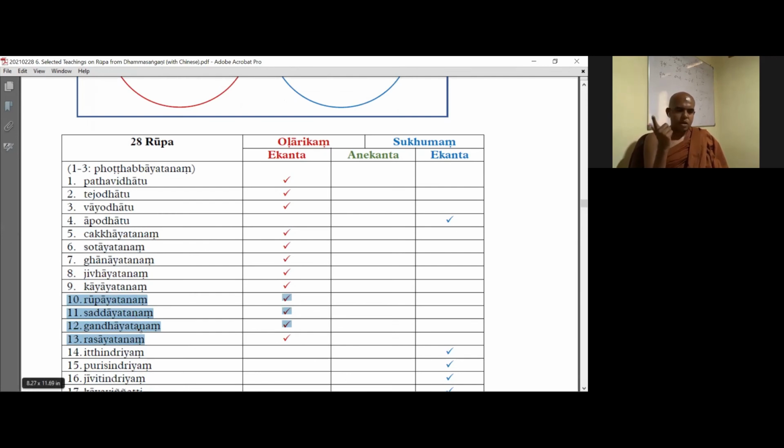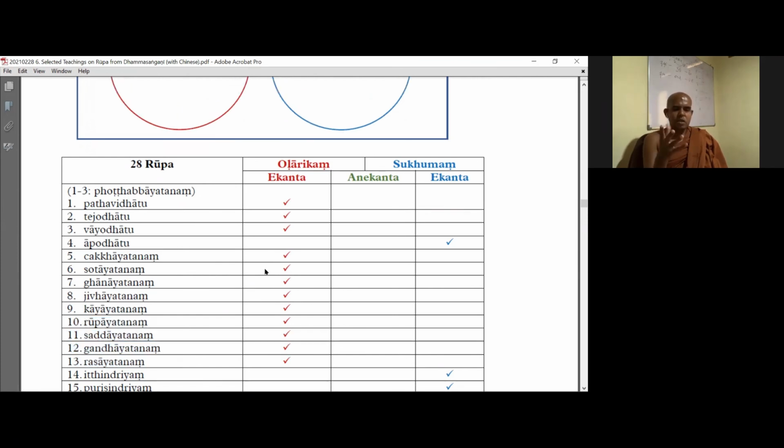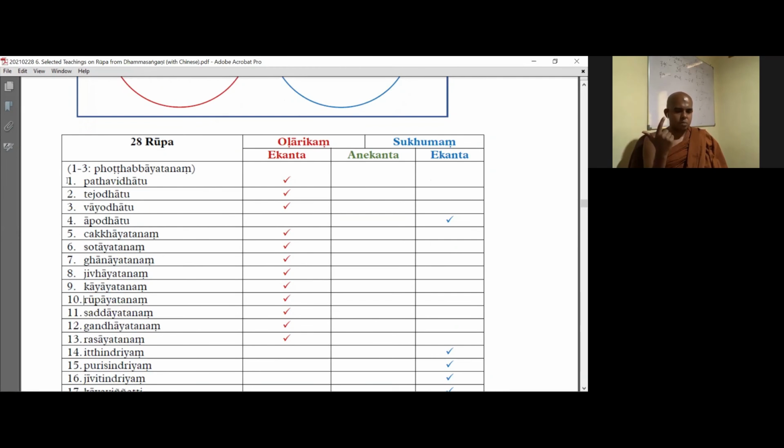So there are 12 Olarika: three Mahabhuta, five pasada, and the objects rupa, sadda, gandha, rasa.